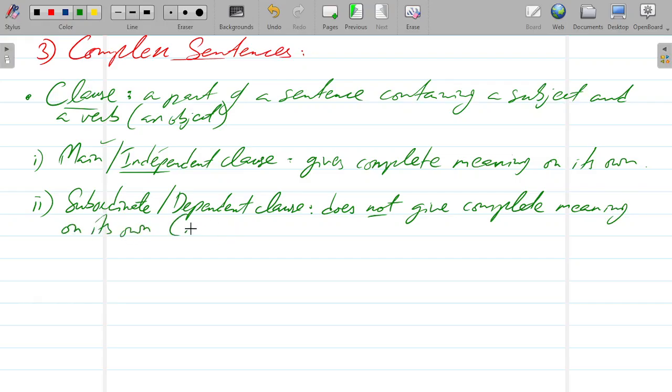And so it basically needs the main clause. And we will come across both of these.